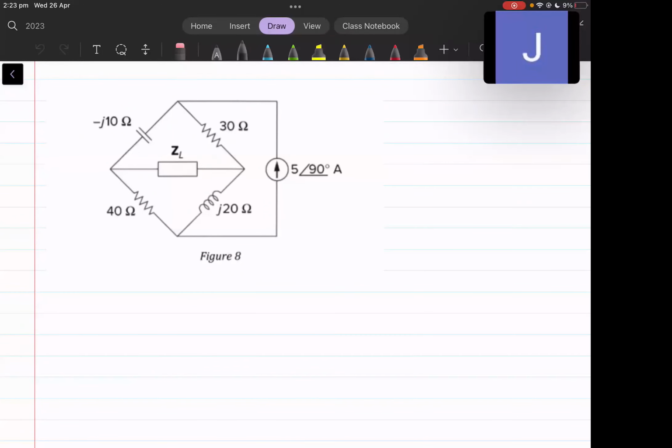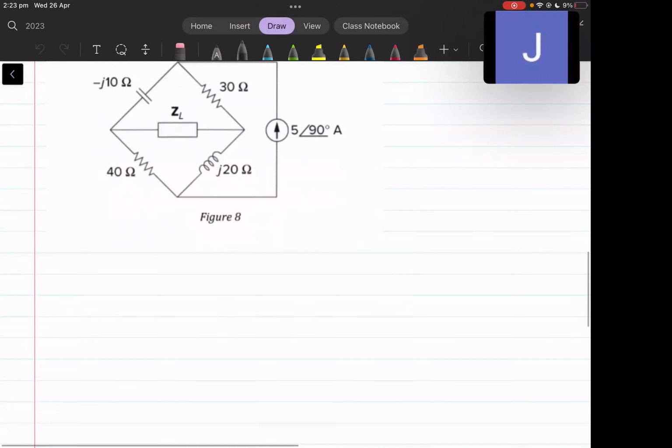If we remember how we do that, in this case, because there are no dependent sources, we can just disable the independent sources and then have a look through the 2 nodes. So we can actually redraw this as minus J10.